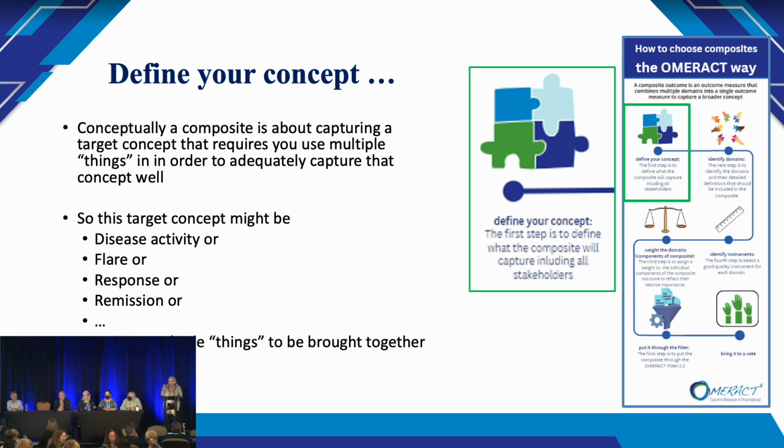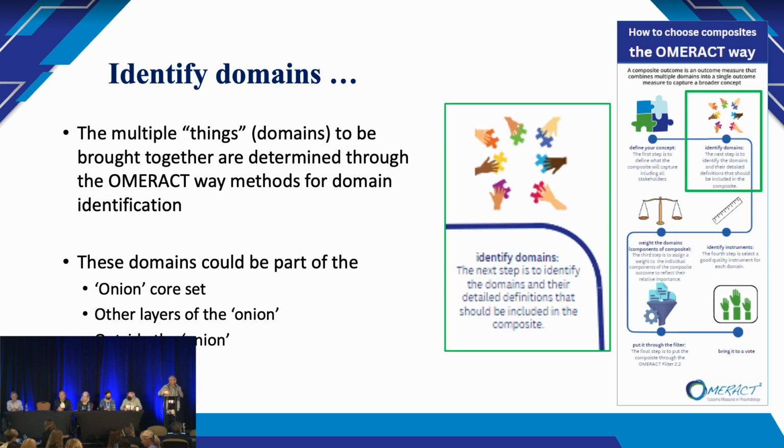A composite is about capturing a target concept, and that requires you to bring things together so that you can describe and capture that target concept adequately. There are various target concepts we're interested in: disease activity, flare, remission, response, and a number of others.